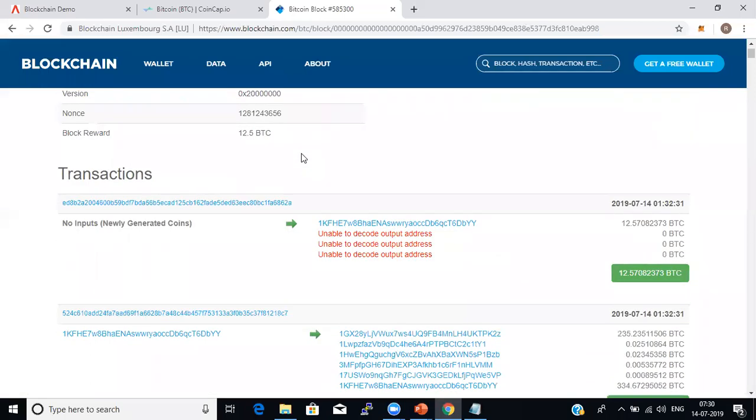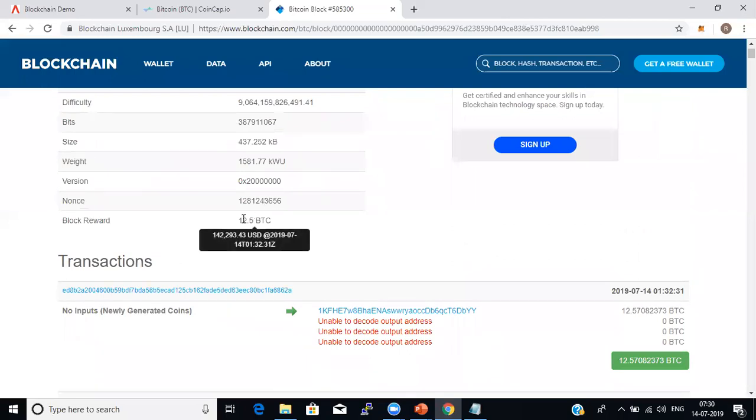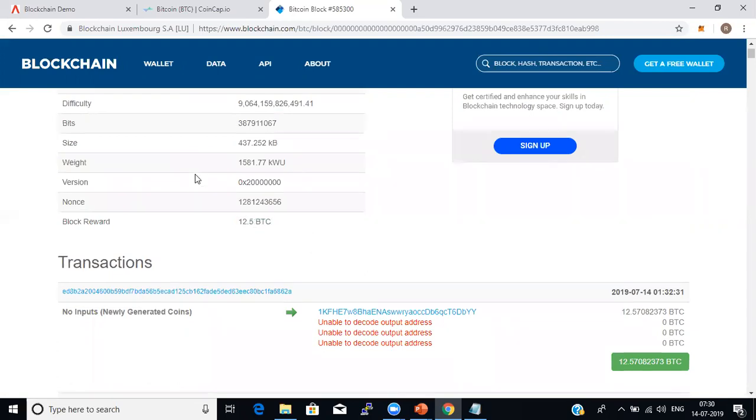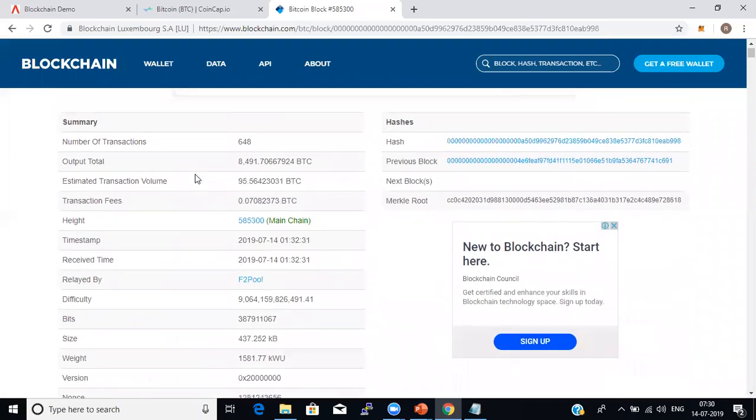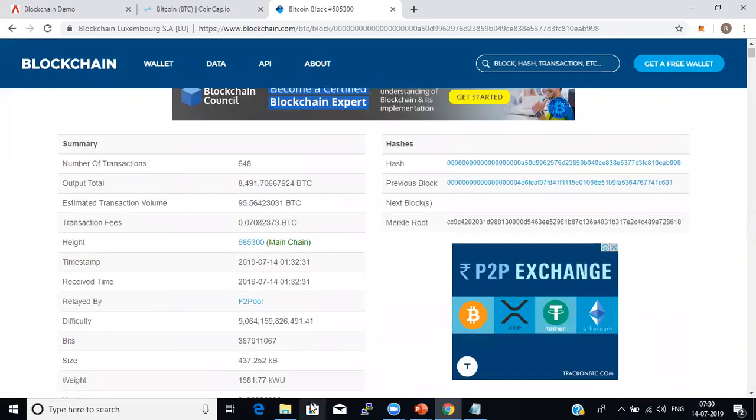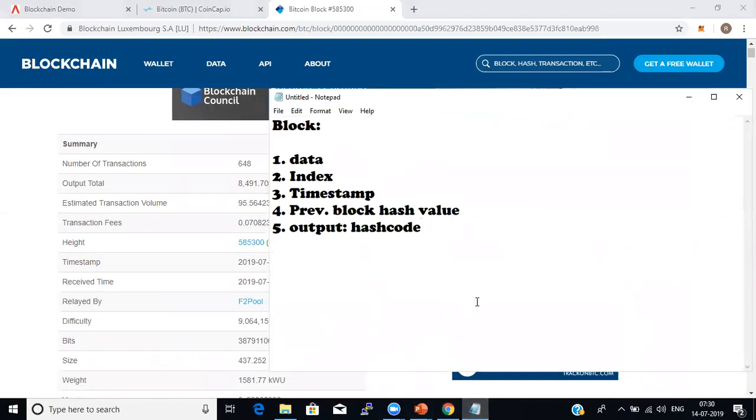If you observe the block reward, it is 12.5 Bitcoins, and today's cost is around 142K USD.